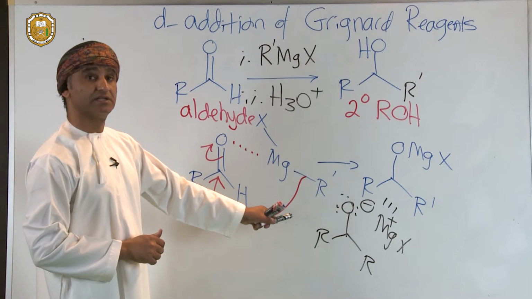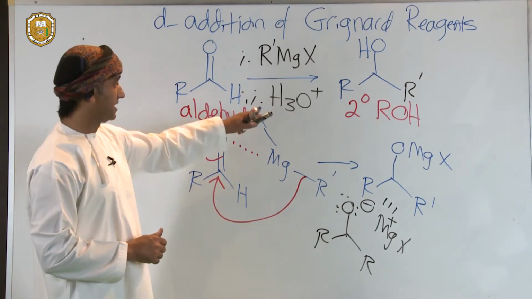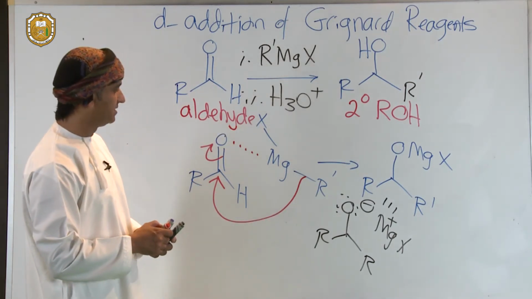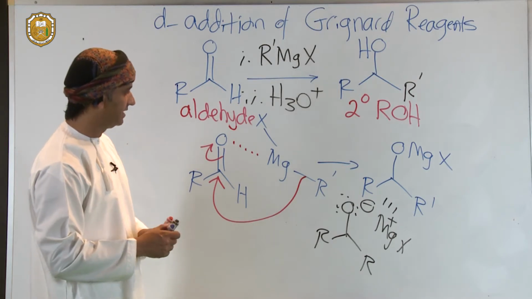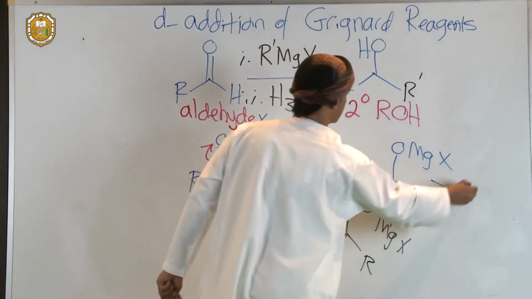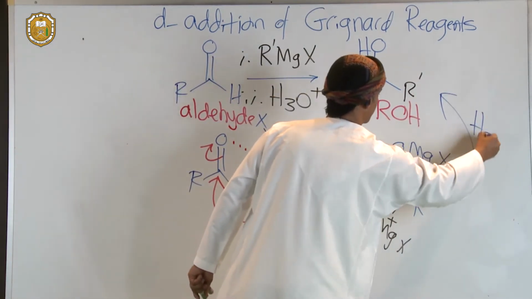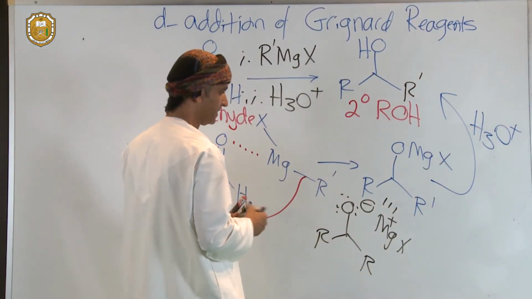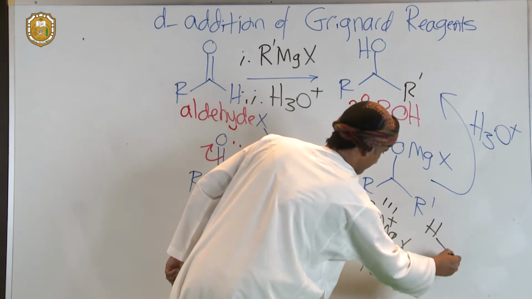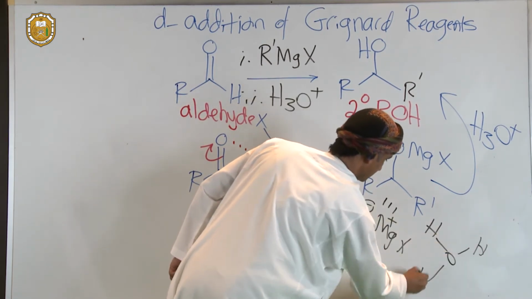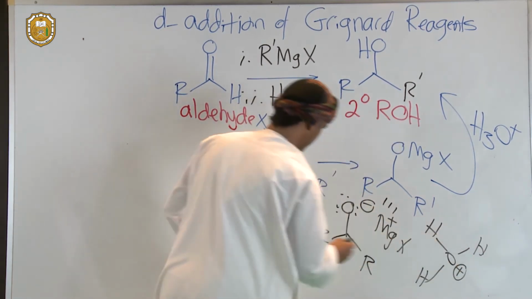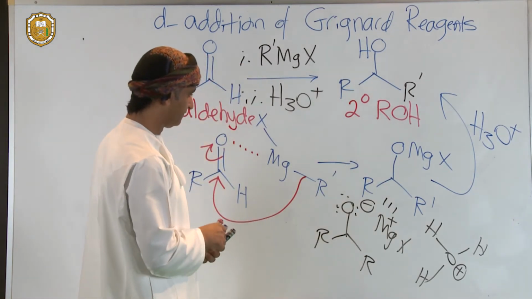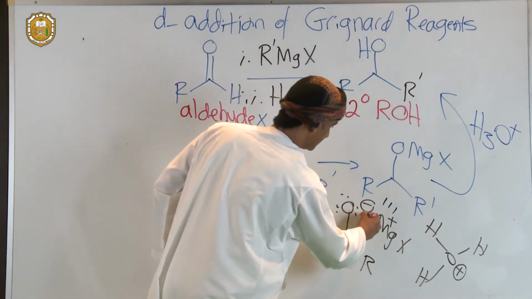If you react this alkoxide intermediate with H3O+, it gets protonated to give the final alcohol product, and mechanistically this should be straightforward. We can show this with indication of electron movement, something like that.